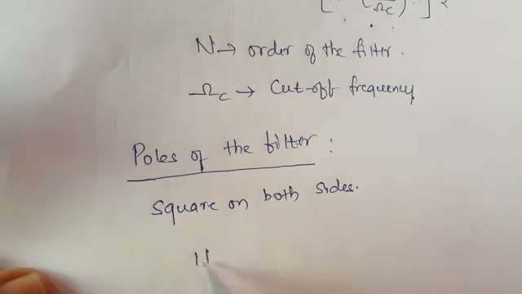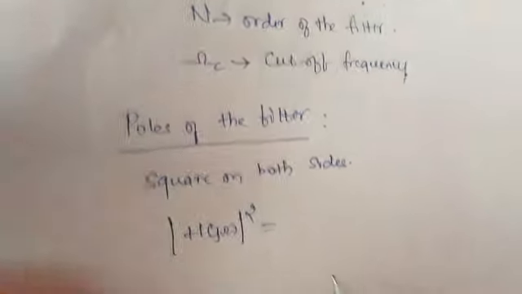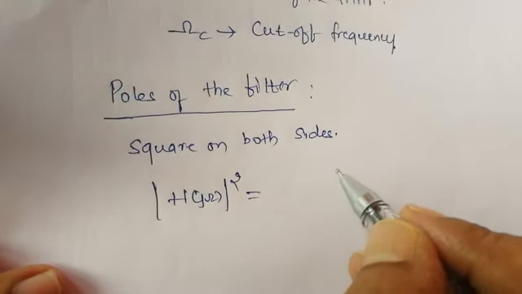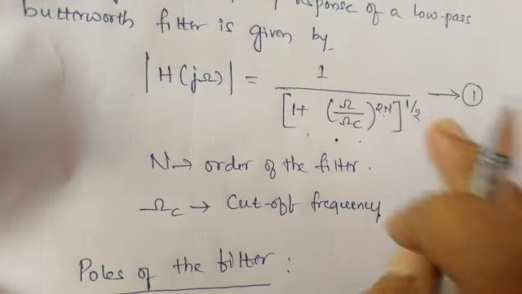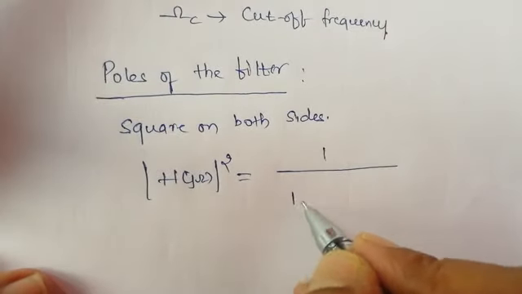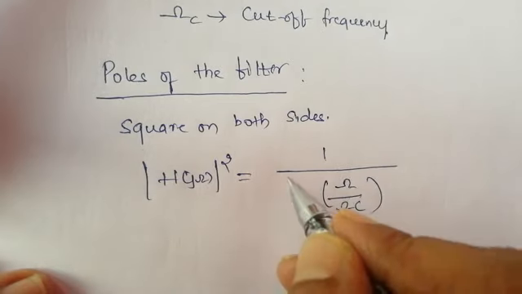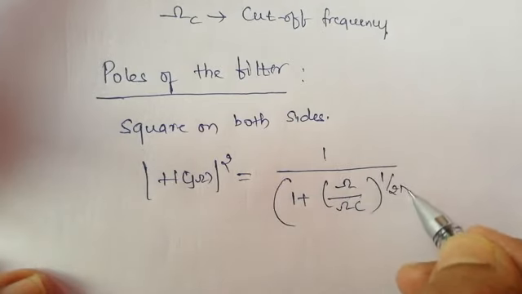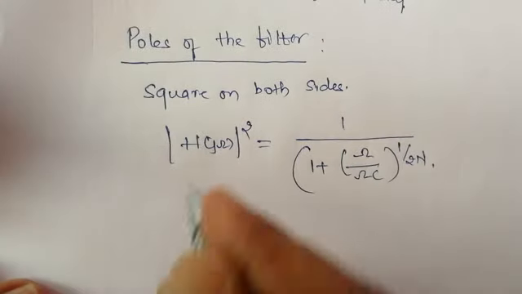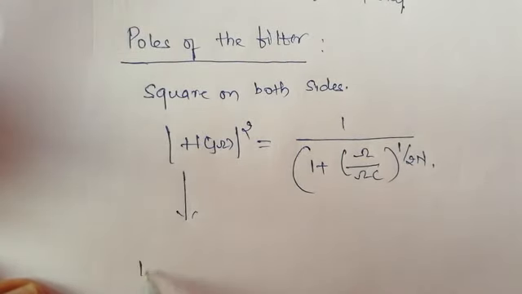We will get |H(jω)|² equal to 1 divided by, squaring means the 1 by 2 square root cancels, and we are left with 1 plus (ω/ωc) to the power 2n. Hence this one we can write as H(jω) multiplied by H(-jω), correct?